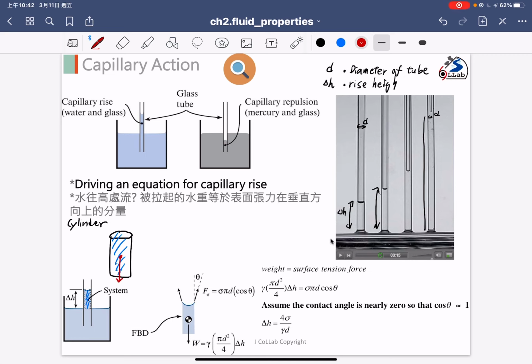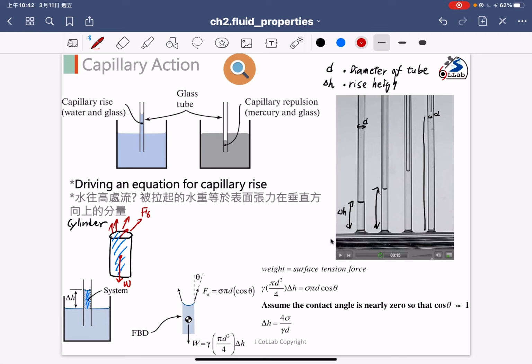We have the weight downward, caused by the water. And we have the surface tension acting along the circle. So this is our surface tension force. We have a surface tension force upward, and we try to overcome the downward weight and make a force balance.